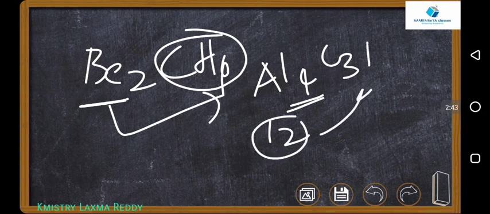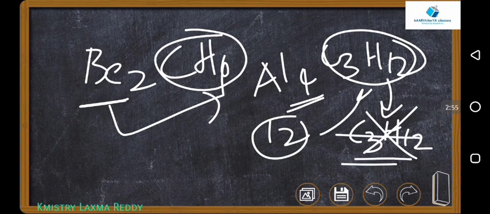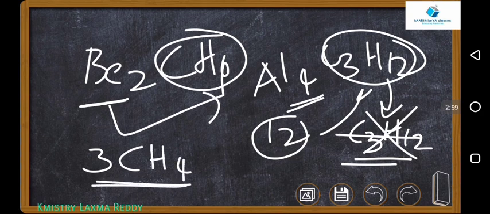You need to add 12 hydrogens. But when you add 12 hydrogens, it becomes C3H12. Is this compound possible? No. The maximum alkane is C3H8 only. That means all 3 carbons are not together; that is like 3CH4. Use some common sense here. So this is one inorganic method of preparation, from carbides.